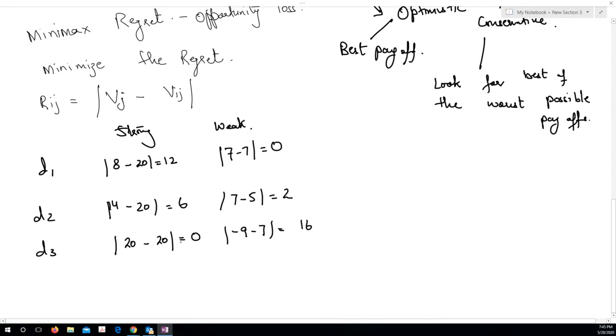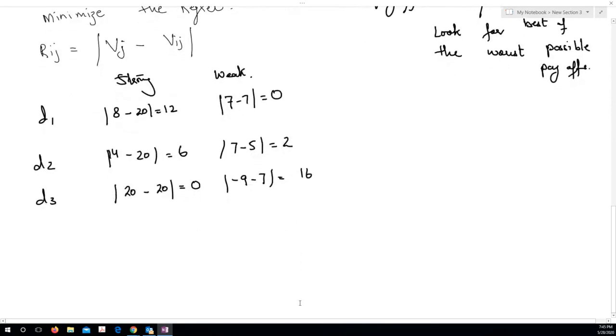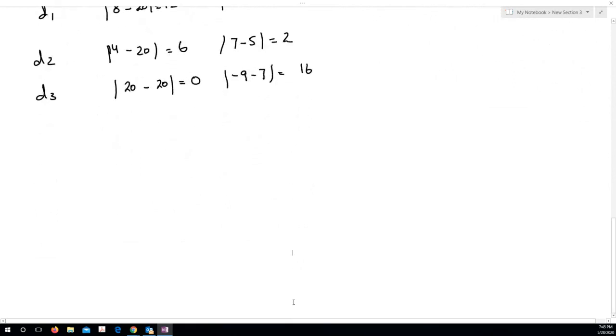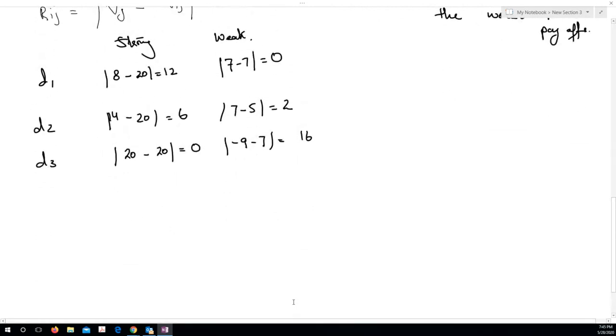And now in the second stage, our objective is to select the option with the minimum of the regret.